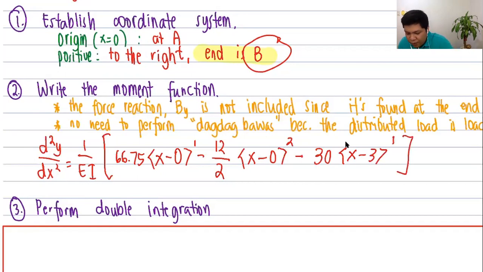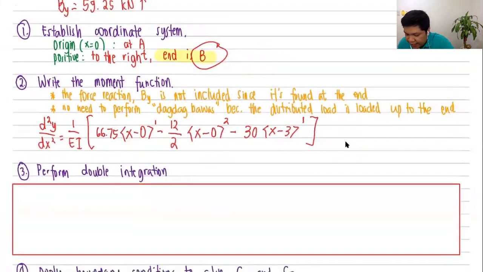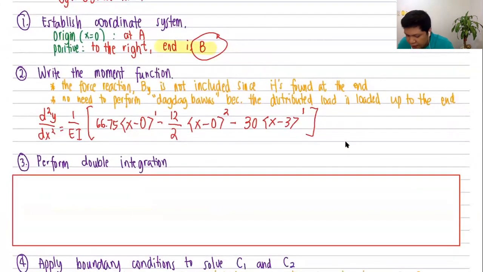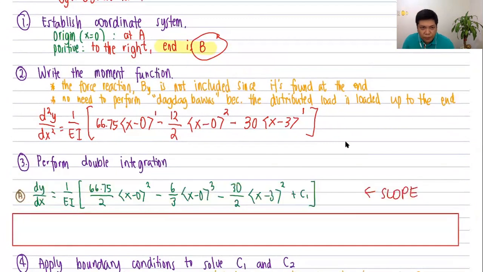If I now have my moment function, I can perform double integration. If I integrate my moment function, I should be able to get the slope. dy over dx is equal to, I just integrate the first term, 66.75 over 2 times x minus 0 squared, minus, 12 over 2 is equal to 6, then I integrate 6 over 3 times x minus 0 cubed, minus 30 over 2 times x minus 3 raised to 2, plus the constant of integration, C1.